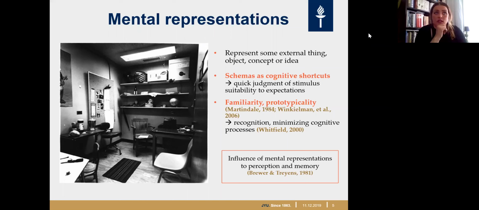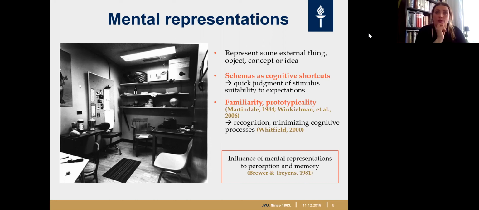We can also mentally represent something that has never happened. For example, representing possible futures with different kinds of items or issues that are not invented yet. So mental representations are not dependent on the external stimuli.